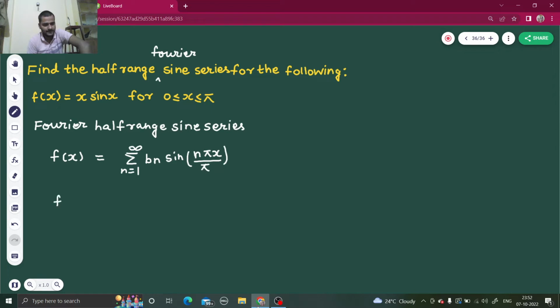So your f(x) will be summation n equals 1 to infinity b_n sin nx.